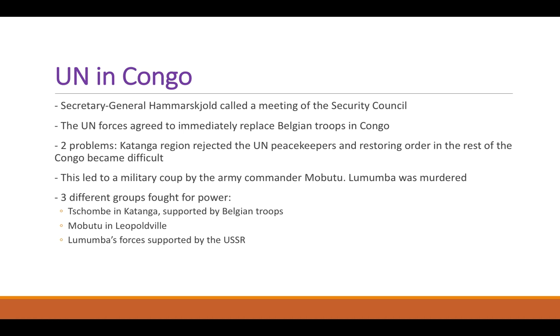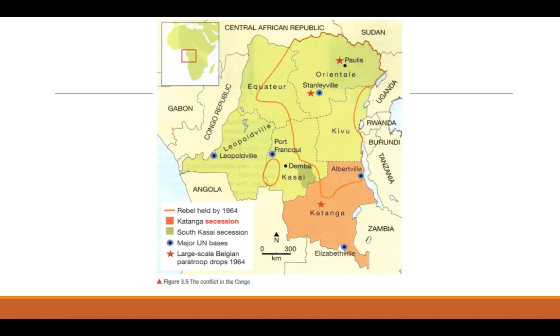He makes a military coup, he takes over the government, and Mobutu's task is to make sure that Katanga is rejoining Congo. And then there are Lumumba's forces, although he was murdered, but his forces are still supported by the USSR. As you can see, the presence of the USSR is within the context of the Cold War. The USSR also had interests in turning Congo communist.